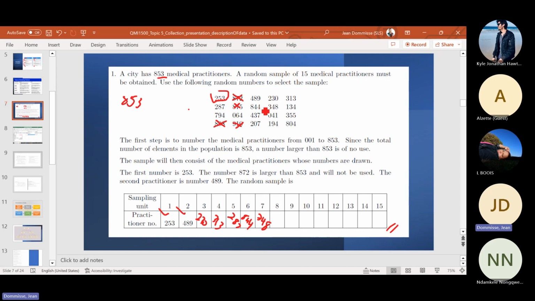All of them will nearly have that you stop at your maximum, because it doesn't make sense to have 872 because you will just ignore it. So why go up more than that? So you will stop at 853.